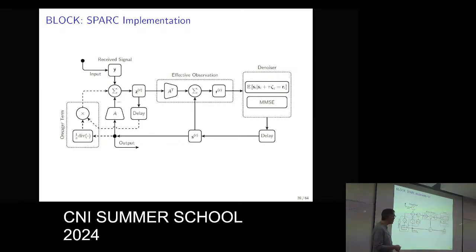We've seen a symbol-wise denoiser, but the theory of AMP can be extended in various ways. This is one way, and they use an MMSE version for that, or an approximation thereof. And because they apply it block per block, they can do the MMSE quite well.